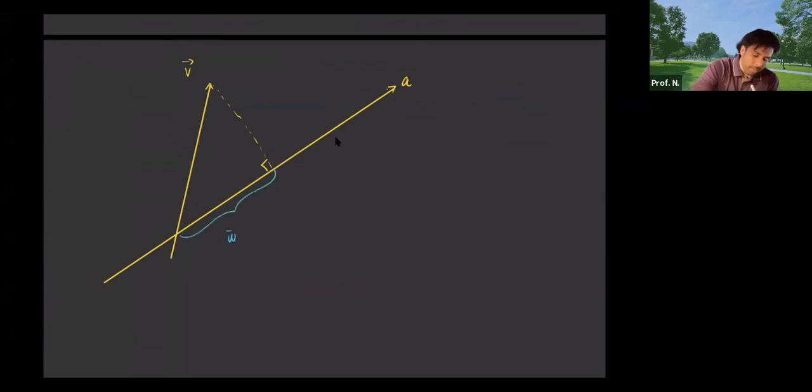I'm going to call this W, which is the projection of V along A. And I'm going to call this Z. So then I have a vector W and a vector Z, and this V vector can be written as the sum of W plus Z.